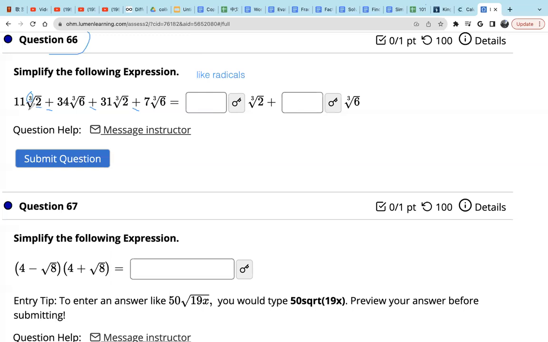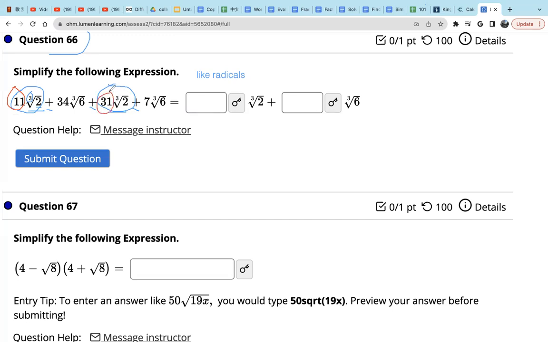So I have a cubic root of 2 here. This is a cubic root of 2. And then we're looking for another cubic root of 2. Oh, yes, right here. So those two are like radicals. Same index, same radicand. So we just add the numbers before. So we have 11 multiplied by cubic root of 2.